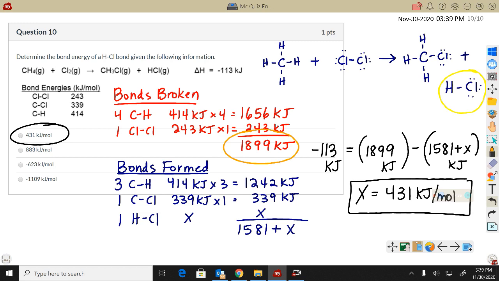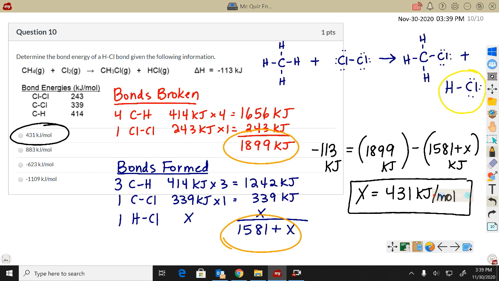Then on the product side, I'm going to have to break 3 carbon-hydrogen bonds, 1 carbon-chlorine bond, and then the mystery bond. They never gave us the bond energy for HCl. Well, eventually that's what we're going to solve for, so I just set it up as X.